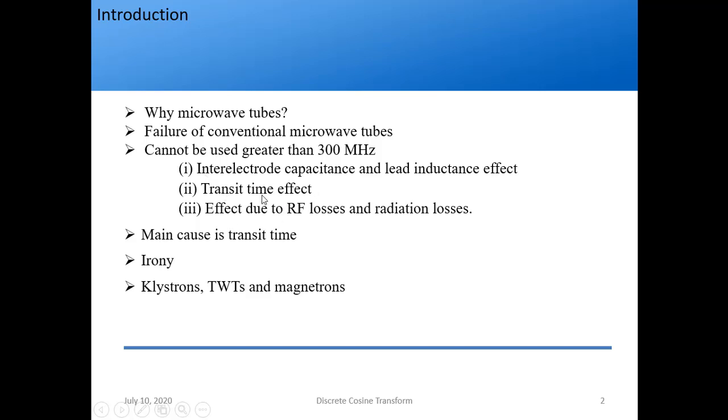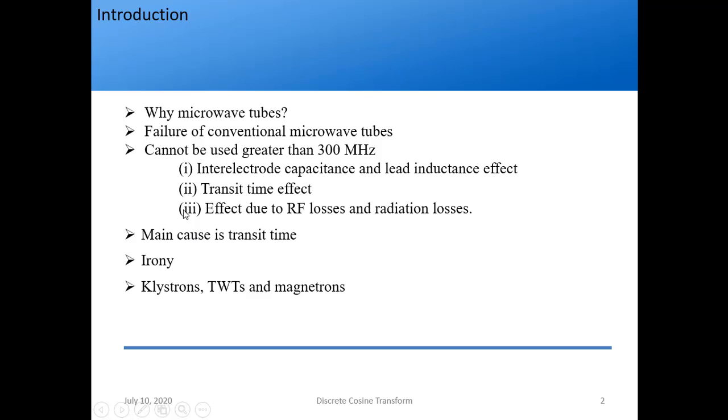And how is that possible? Because no signal can travel with infinite velocity. It takes a finite amount of time to travel from point A to point B, right? So the moment it goes from AA prime, say, to BB prime, it has taken some transit time to travel from AA prime to BB prime.